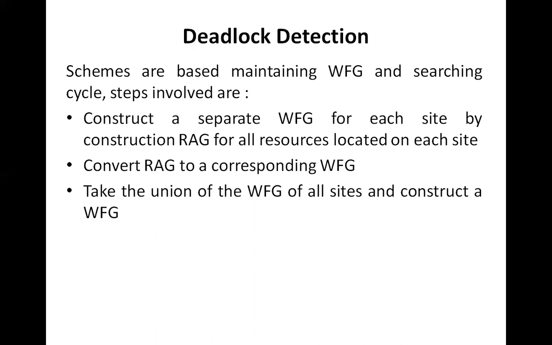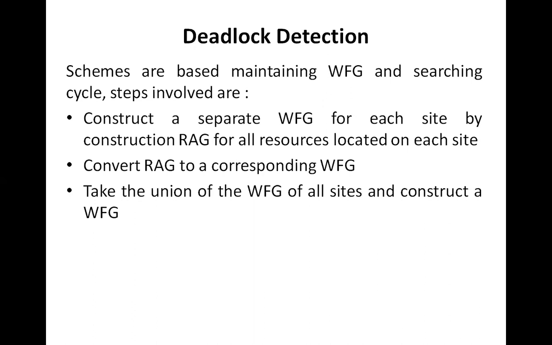Instead, it does not use any algorithm for prevention or avoidance, but uses an algorithm that keeps examining the state of the system to determine whether a deadlock has occurred or not.